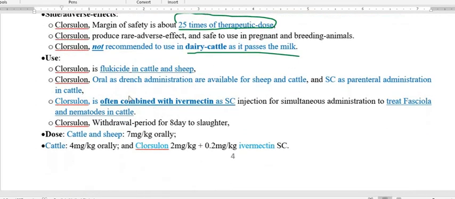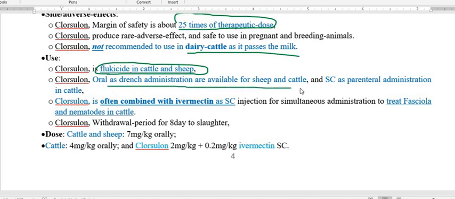Regarding its use, clorsulon is used for cattle and sheep, available orally so that we may administer it as a drench for cattle and sheep, and we also have parenteral administration, subcut, in case of cattle.